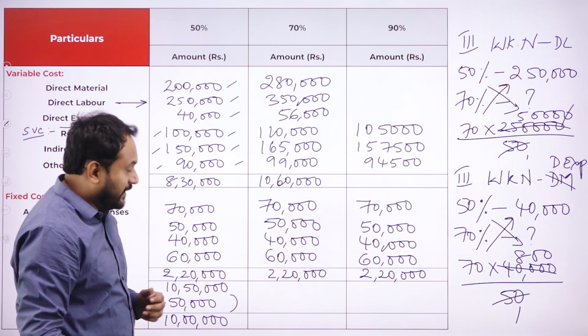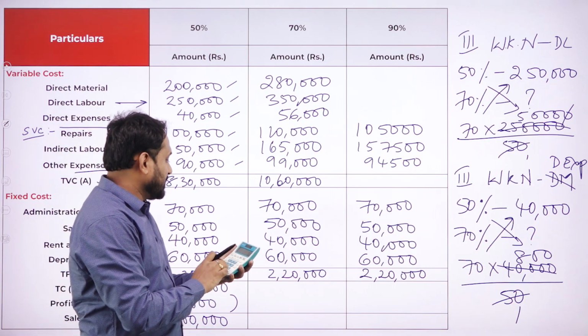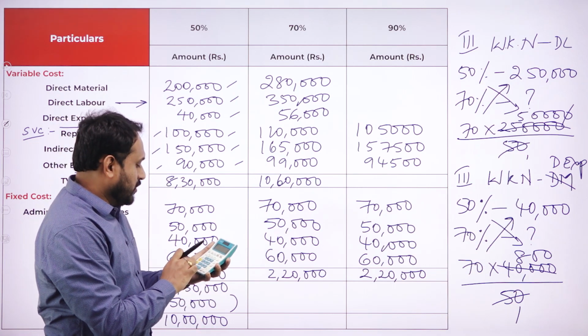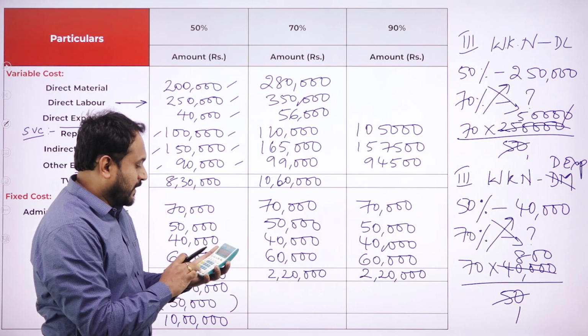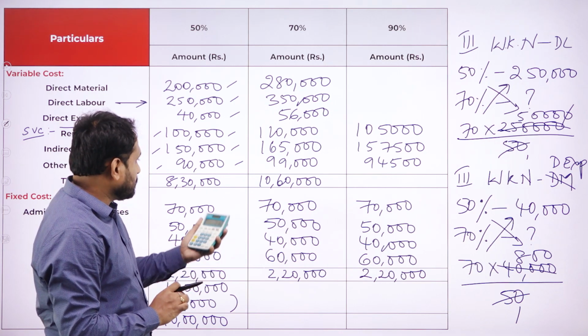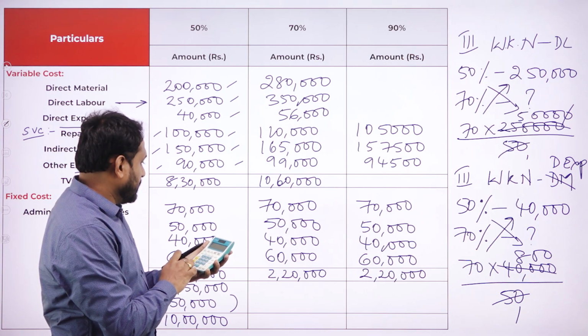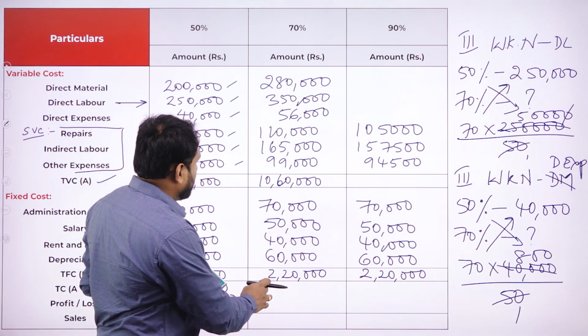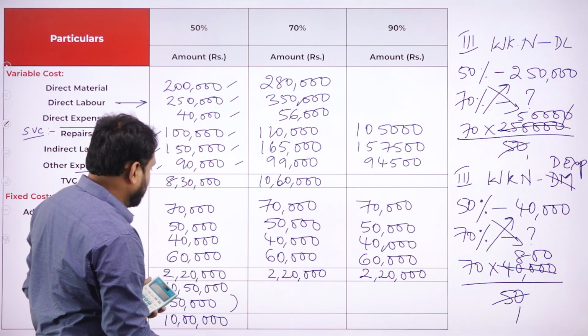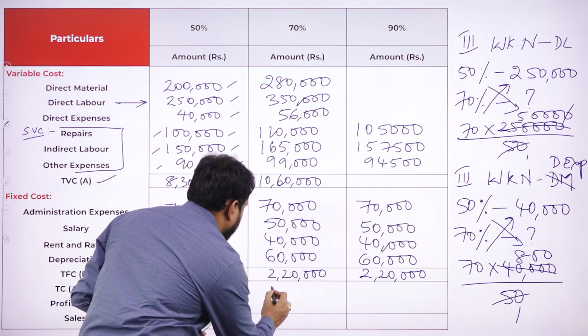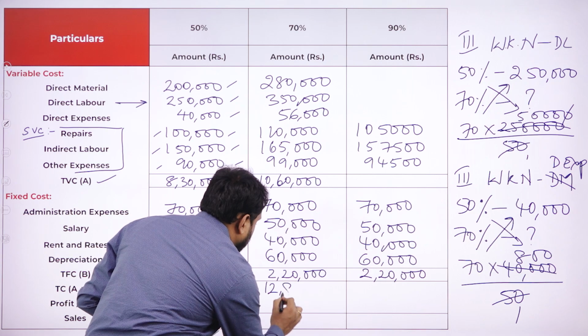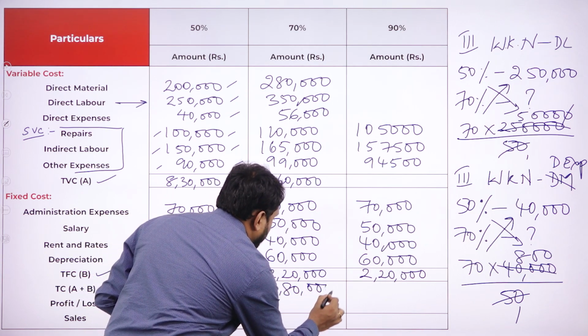Now we need to add 10,60,000 plus 2,20,000. Now we got 10 lakh and 2 lakh is 12 lakh. 12 lakh 80 is what we get. 12,80,000 is what we got.